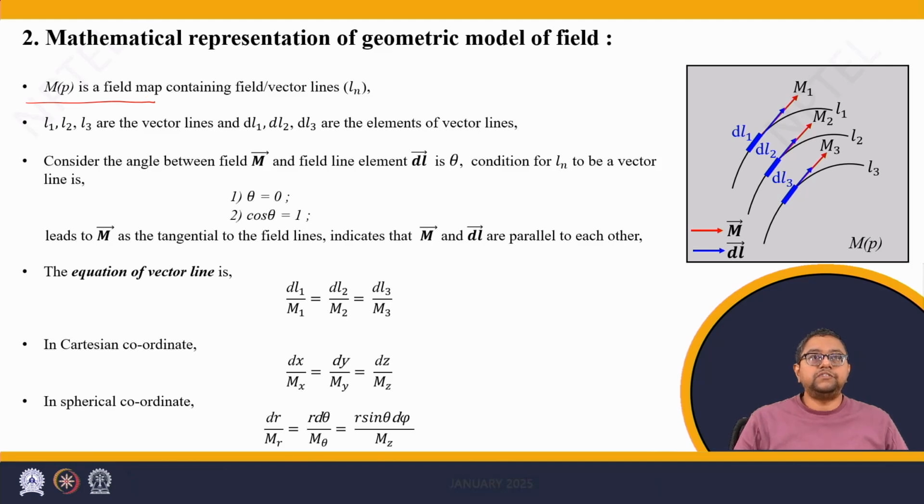So M as a function of P is a field map. M stands for map, which is a function of the position vector P. It contains field vector lines denoted by L subscript n.